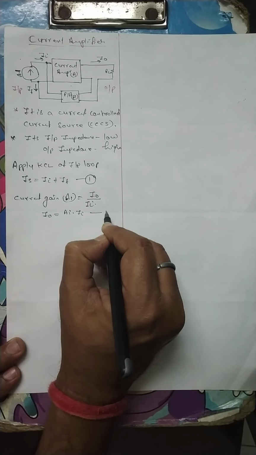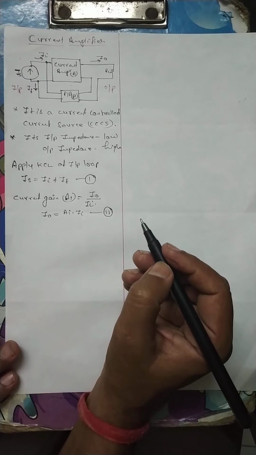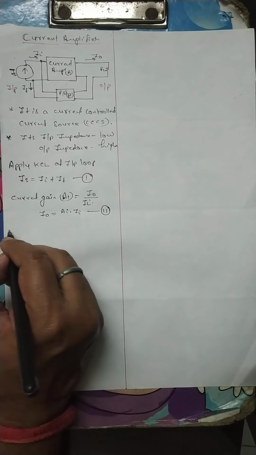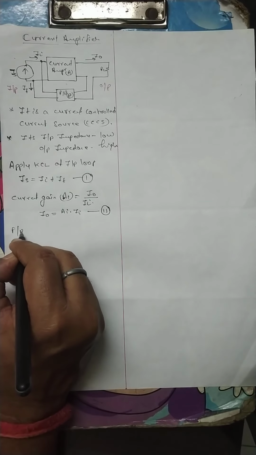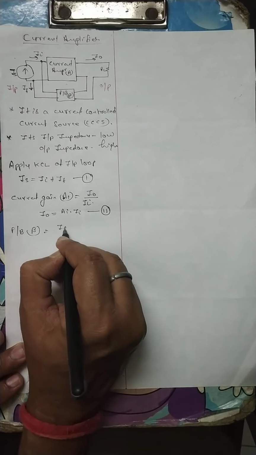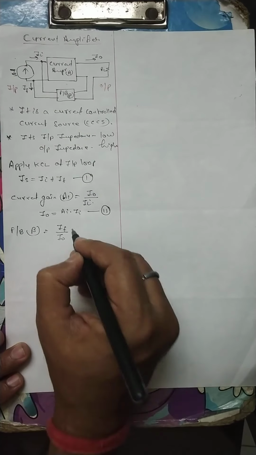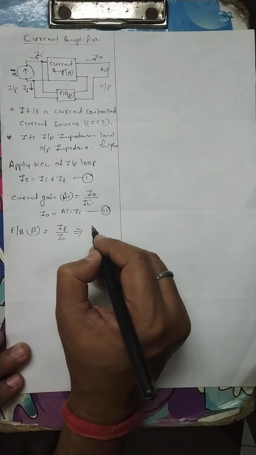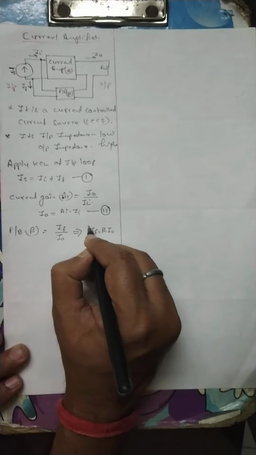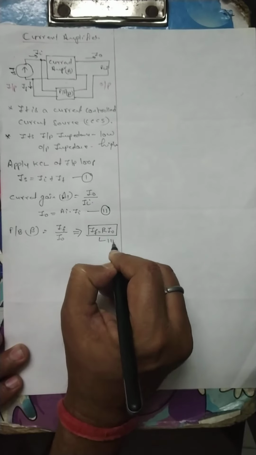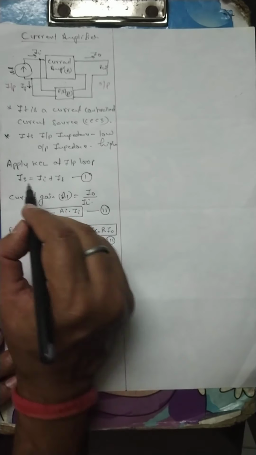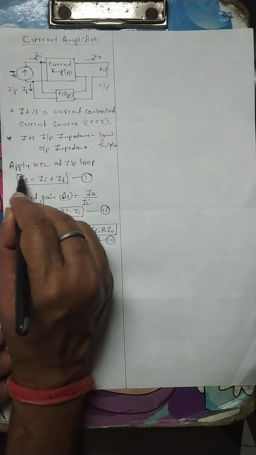This is equation number 2. Again, the feedback ratio beta is equal to IF upon I0, or IF is equal to beta into I0. This will be termed as equation number 3.